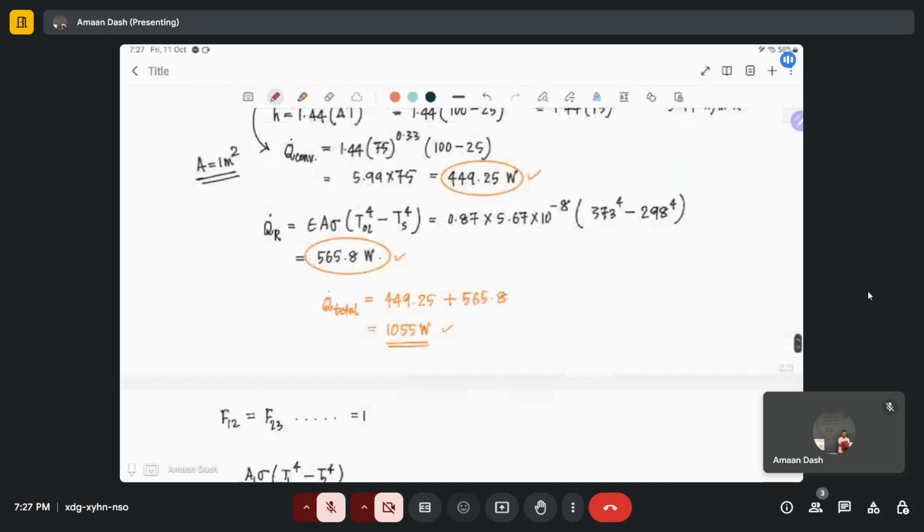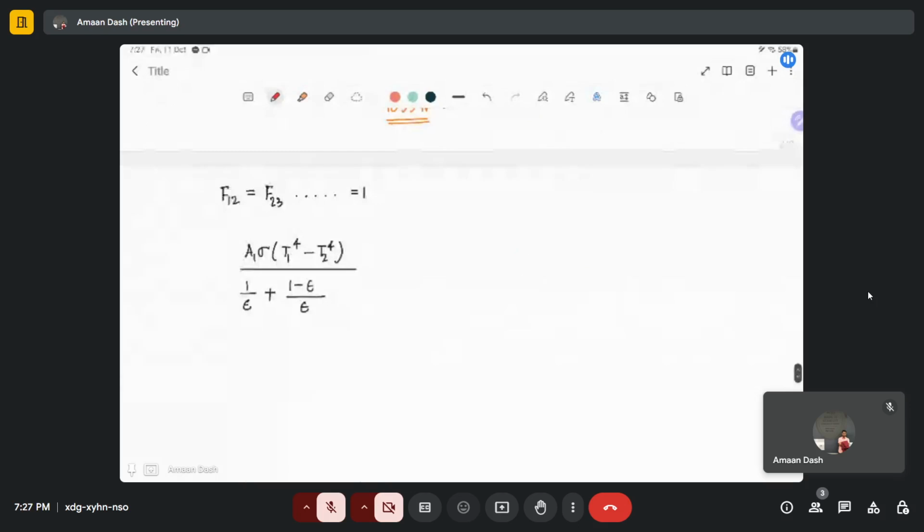Now, if you think about it, this 1 by epsilon 1 term, and here we have 1 by epsilon 2 and epsilon 2, but here all the epsilons are the same. So that is one simplification we can do.